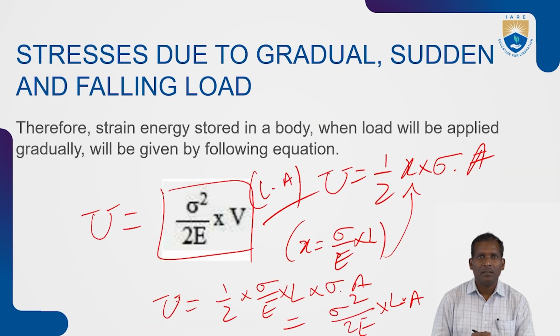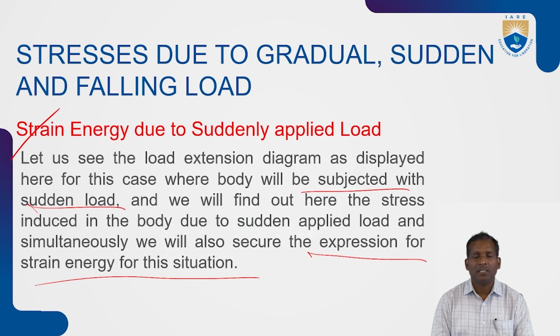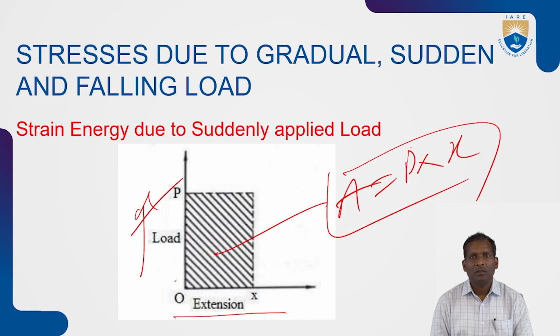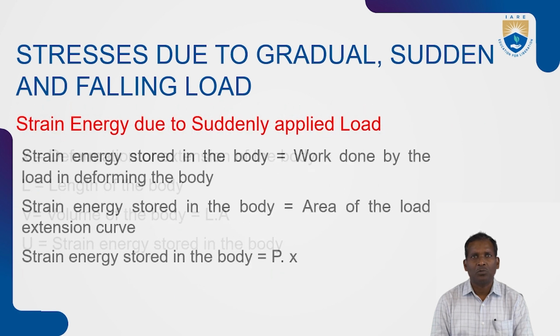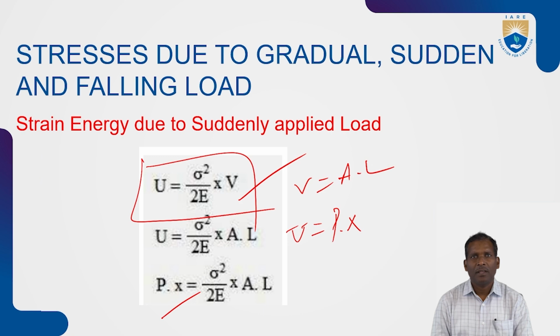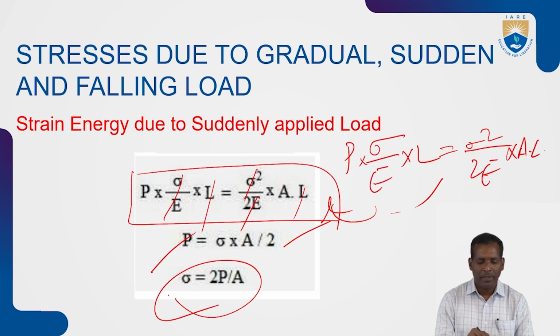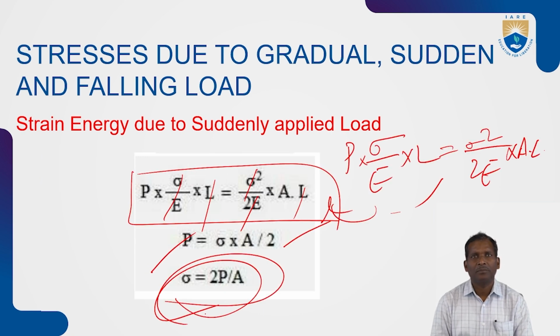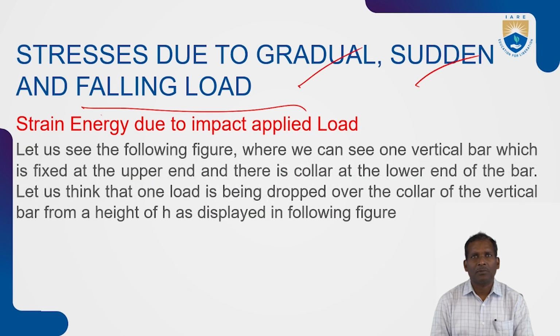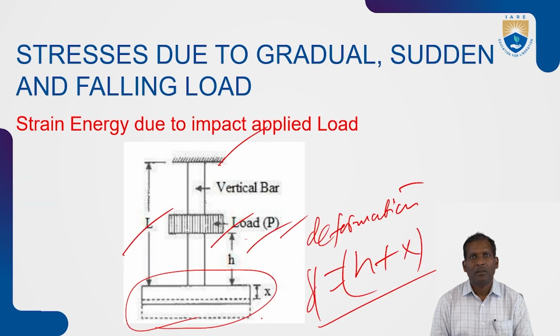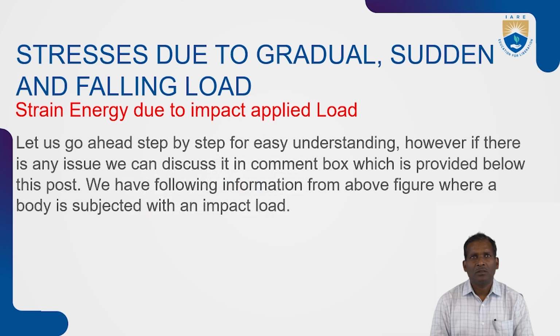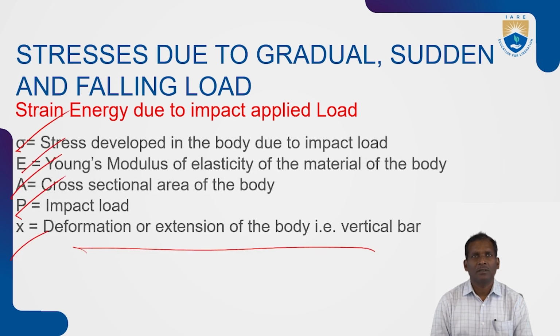So finally we have equation U is equal to sigma square by 2E into V. Similarly the sudden applied load, we have proven this is 2 times the gradual applied load, 2P by A. This is the final equation. And suddenly applied load we have seen. After that we have seen impact applied load. So due to impact load, the information already given in the figure I have discussed. So in this, we have calculated stress.